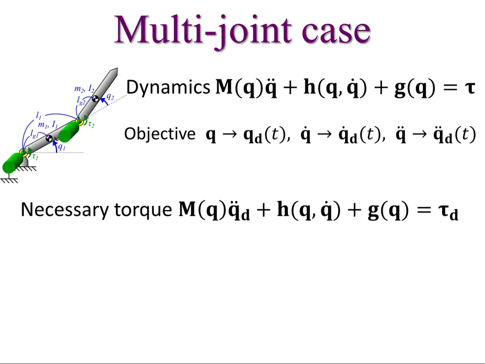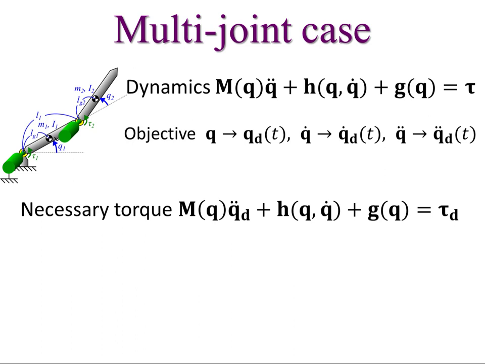The only remaining terms are M q2 dot on the left side and M qd2 dot on the right side. Multiplying the inverse matrix of the inertia matrix M from the left of both sides yields q2 dot equals qd2 dot, which confirms realization of the joint angular acceleration tracking.